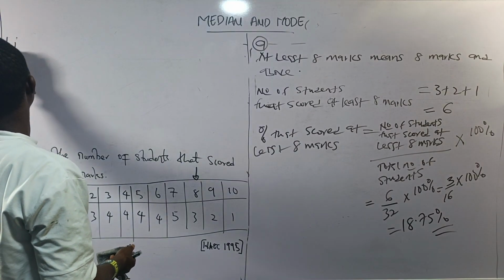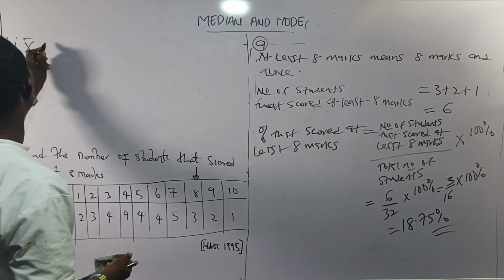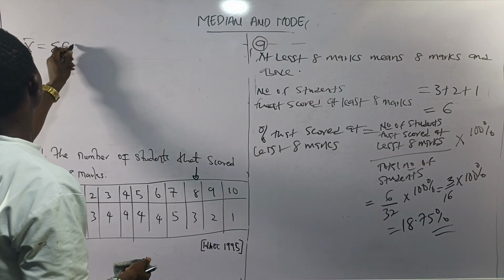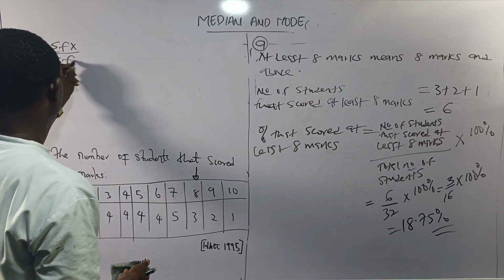So our mean, which is x bar, is equal to summation fx all over summation f.